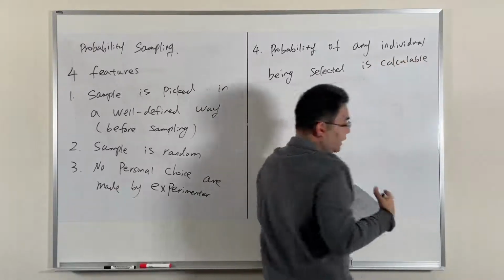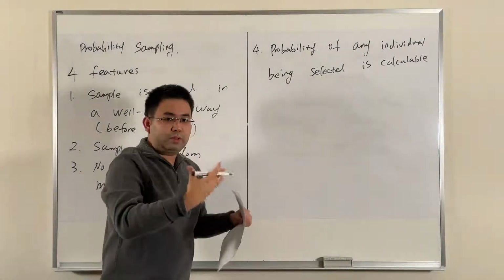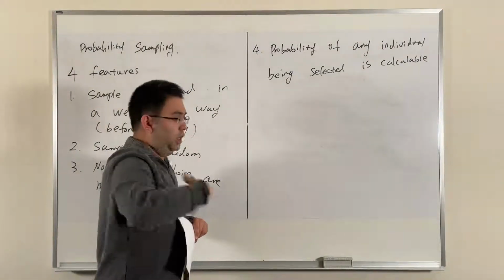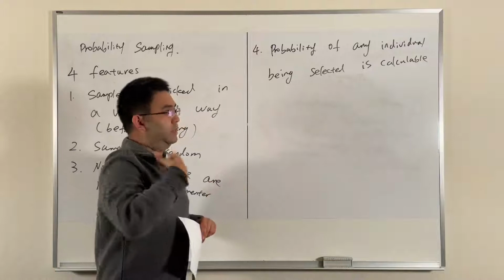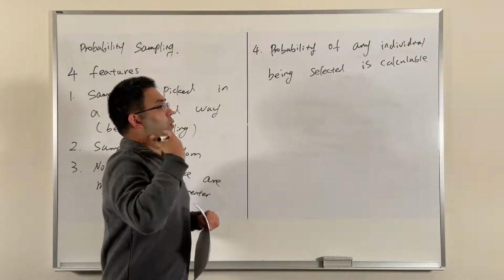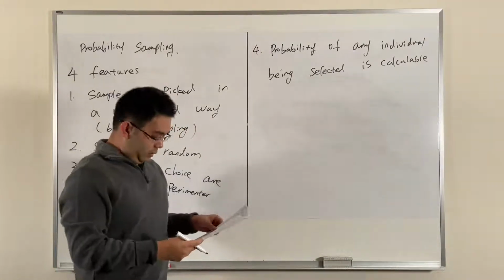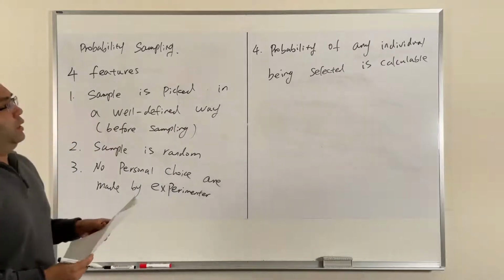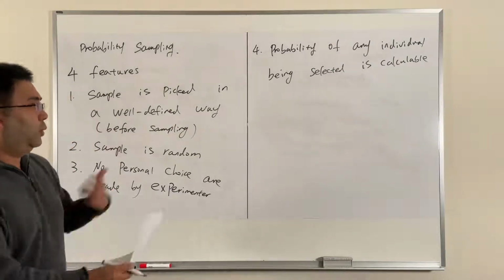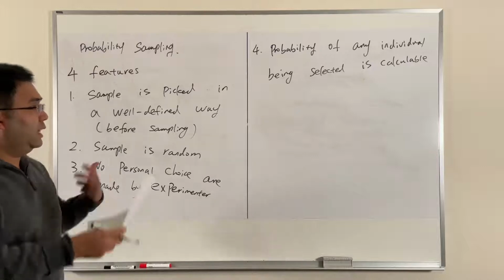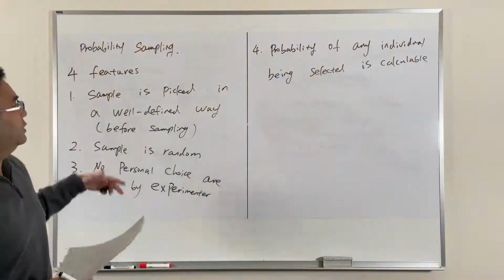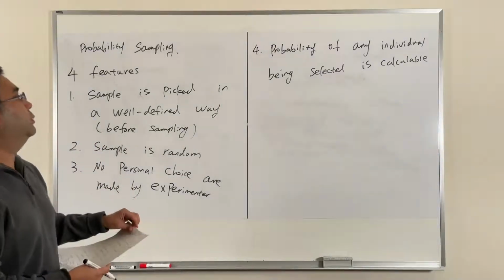Okay, which means that you know the probability of each single object or each single individual being selected. You know the probability, or you're able to calculate the probability. Okay, so if the way you sample satisfies these 4 features, then you're doing a probability sampling method.